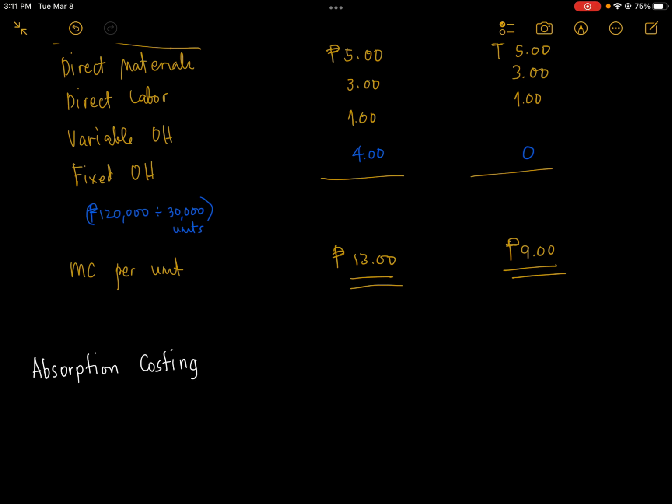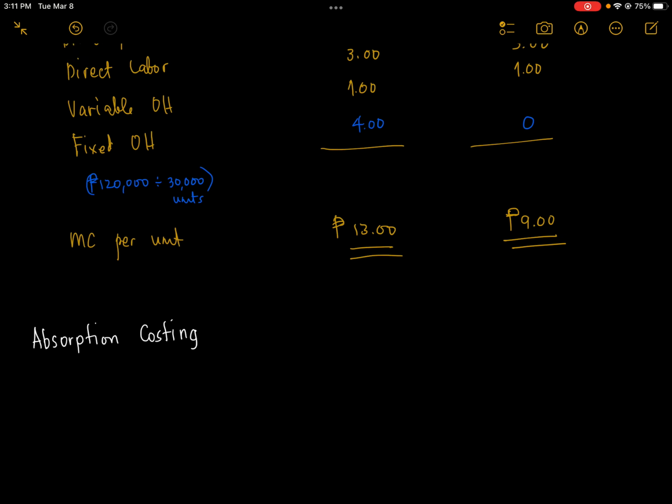It is used for external reporting, and so in terms of computation of the income statement, it is the one that we are used to doing. Of course, we have our heading: the company's name, the income statement, and for the month ended January 31, 2021.